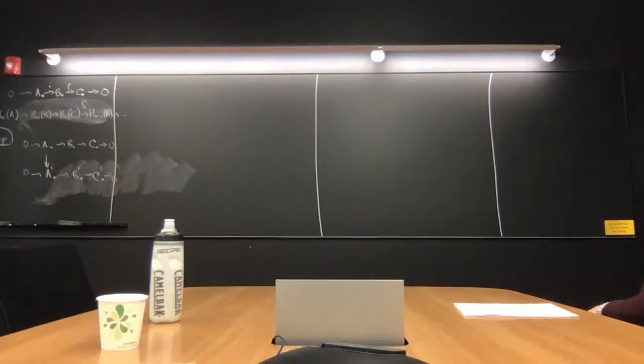So we have two exact sequences and we have some morphisms relating them. So let's call them f, g, and h, such that all of this commutes.